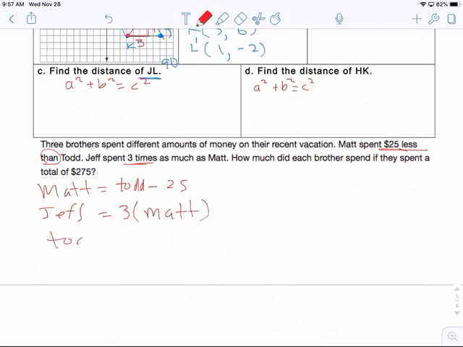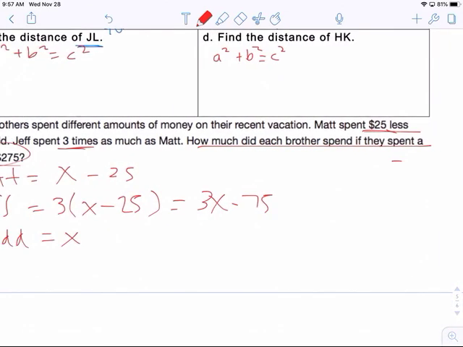We don't know Todd. Todd is X. So go back, put X here. And then this is X minus 25, and that is 3X minus 75. They spent a total of 275.